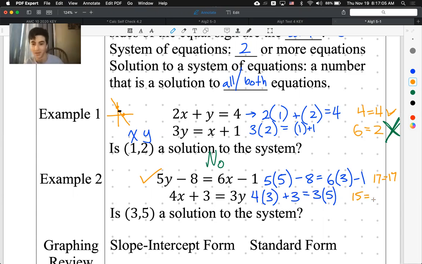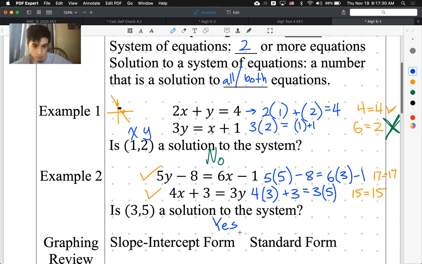What about the right-hand side? On the right-hand side, 15. What do you conclude from that? It's a solution to that equation, and therefore a solution to both equations. Yeah, thank you. All right, so the answer here is yes, because it worked for both of them. Yes, it is a solution.